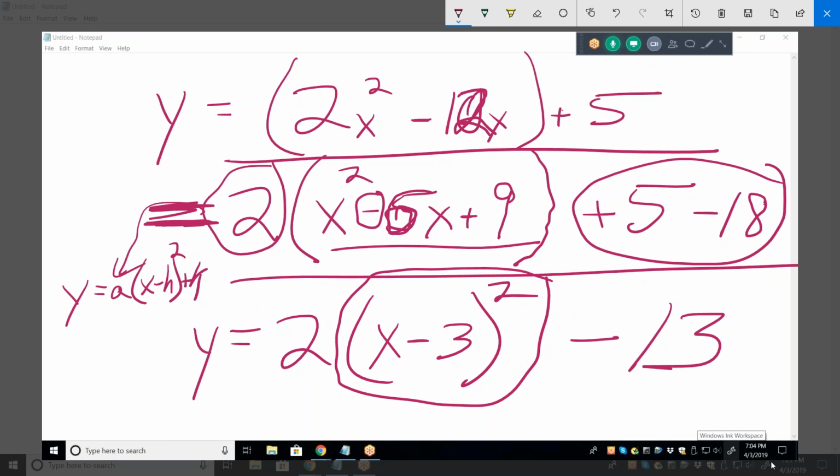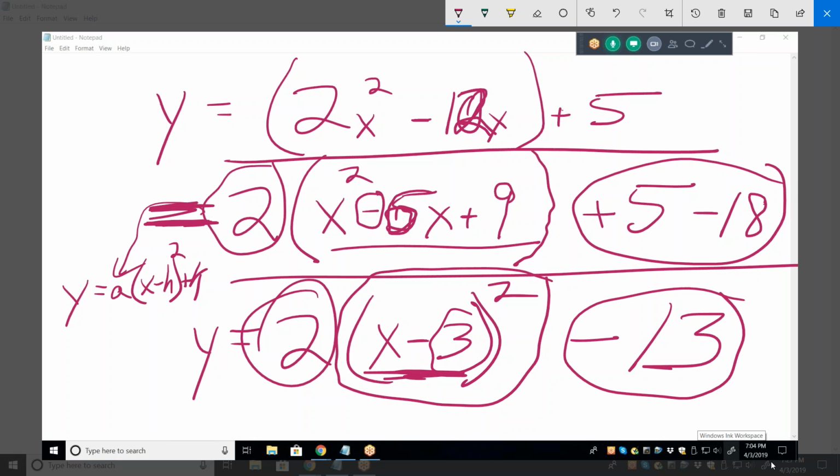Well, it's in vertex format, but that's a linear term right there. That's the whole thing squared. And now I know everything. I know what a is, the vertical stretch factor. I know it shifted 3 units to the right, shifted 13 units down. My vertex is where? What's h and k? It would be 3 and negative 13. Good.